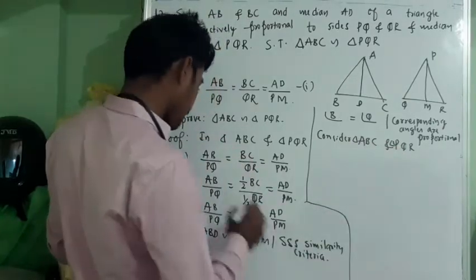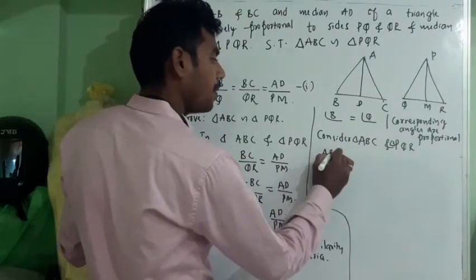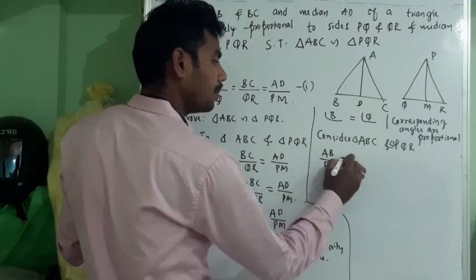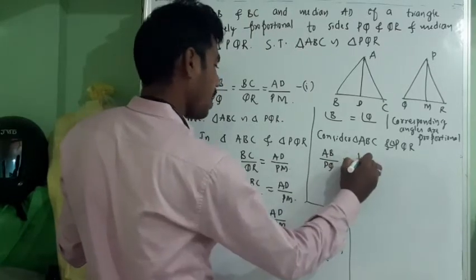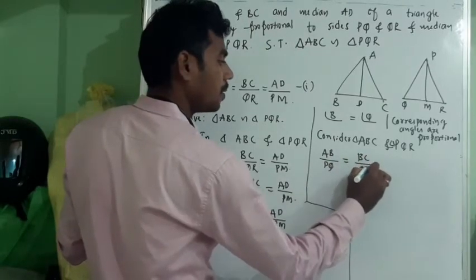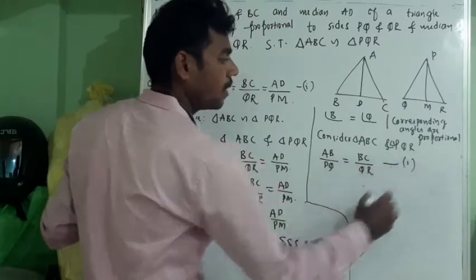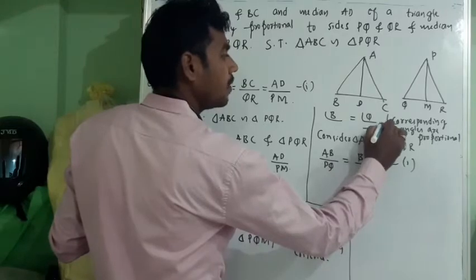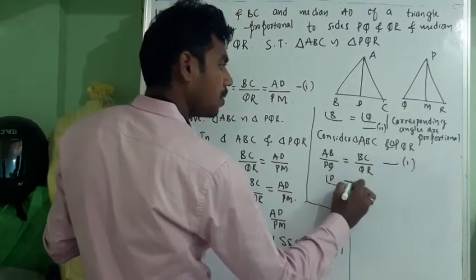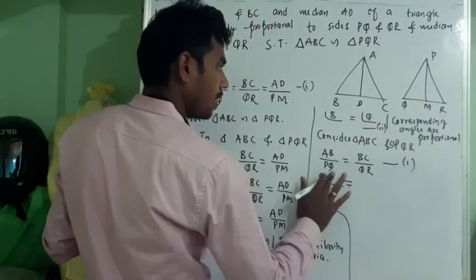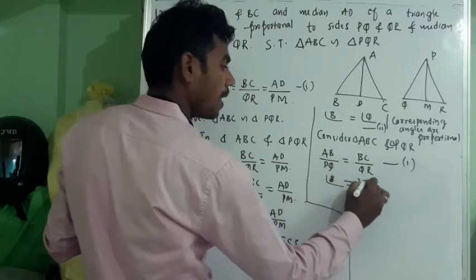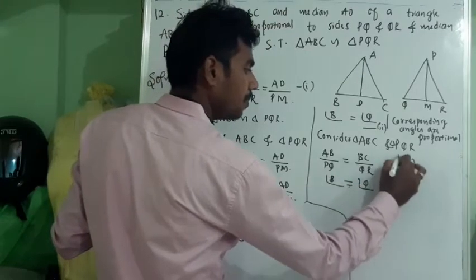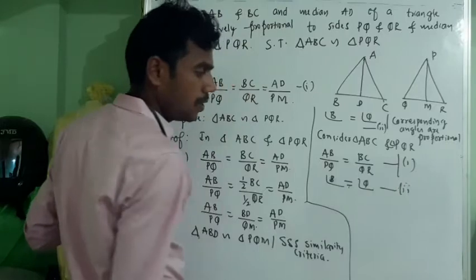In that, we have AB by PQ is equal to BC by QR. Okay, this is from equation 1. And even if I call it as equation number 2, we have angle B is equal to angle Q. This is from equation 1, this is from equation 2.